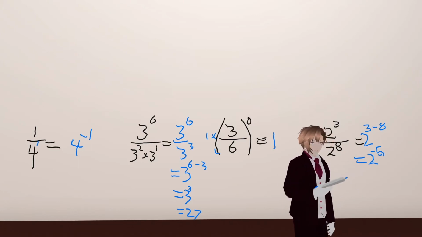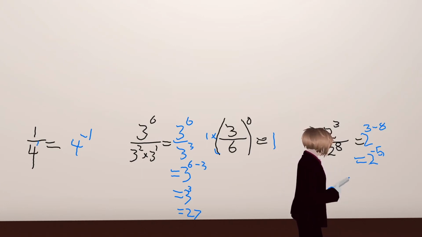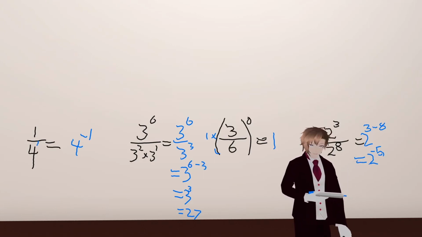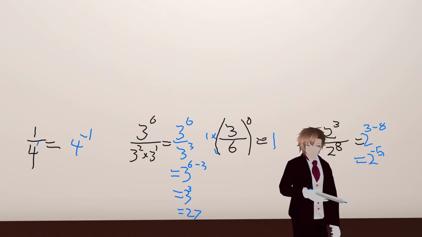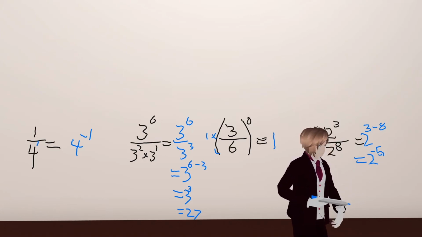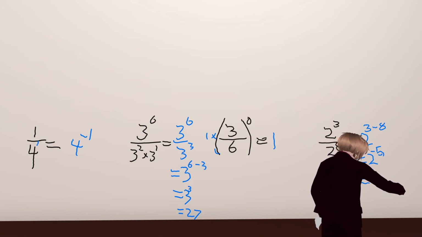So what would this look like as a positive indice? That might be another question you get. So if we were to write this as a positive number, we just need to get rid of this negative sign by turning it back into a fraction. So this would just be 1 over 2 to the power of 5.